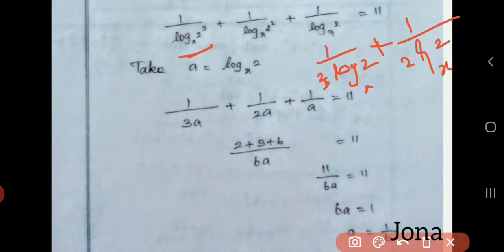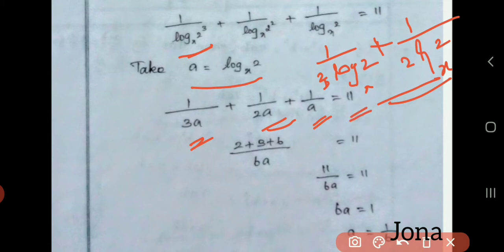The common term is log 2 base x, so I take a equal to log 2 base x and substitute. I get 1 by 3a, 1 by 2a and 1 by a equal to 11.